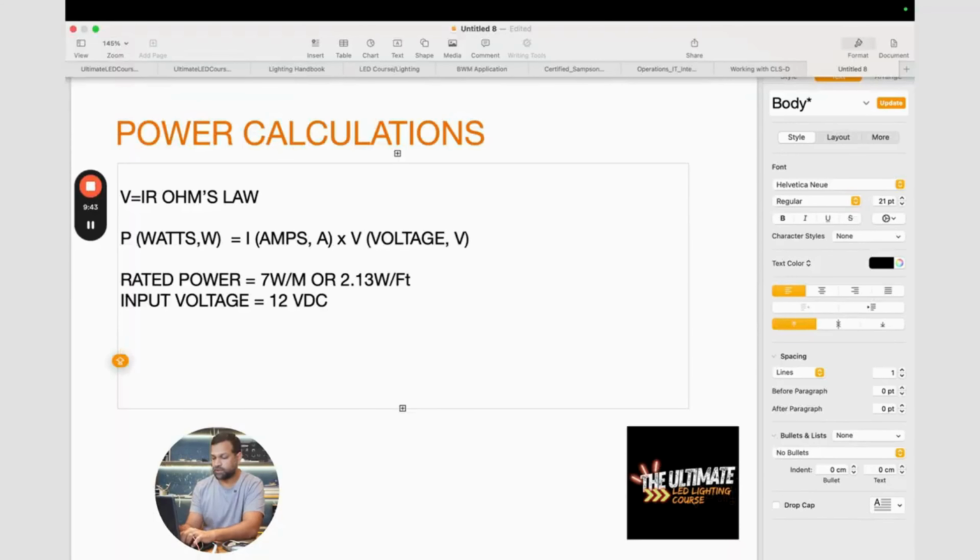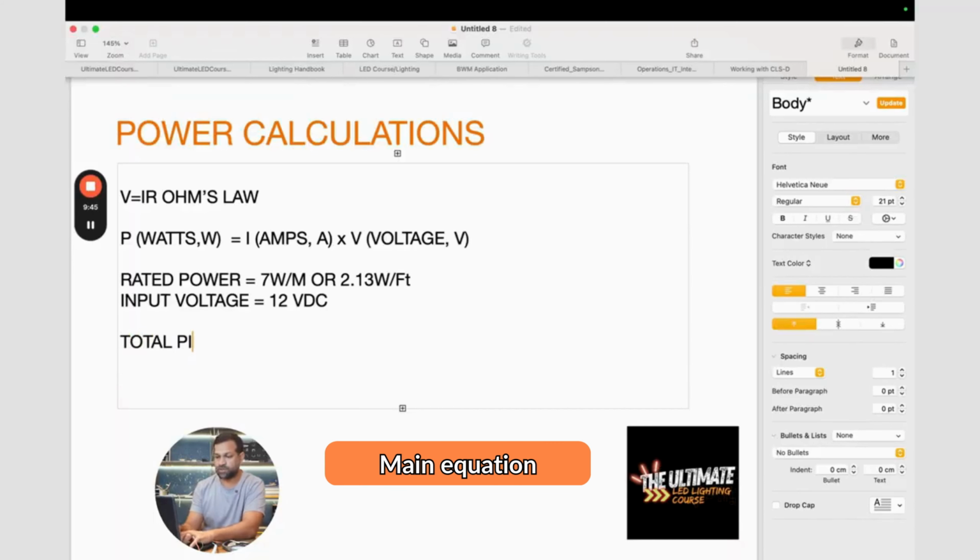Now, if I want to know the total power consumption of that LED, so let's say it's a 5-meter run or a 16.4 foot run, what I want to know is the total power consumption, and that is equal to the rated power per meter or per foot times the length.